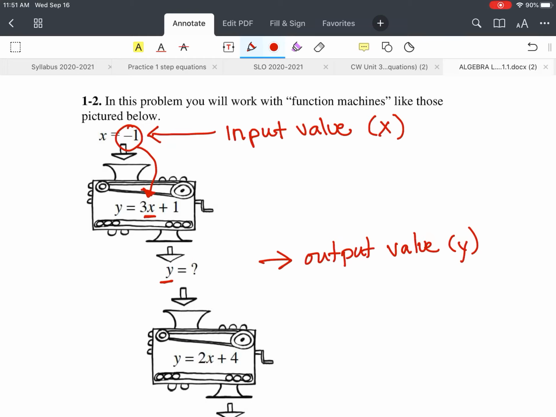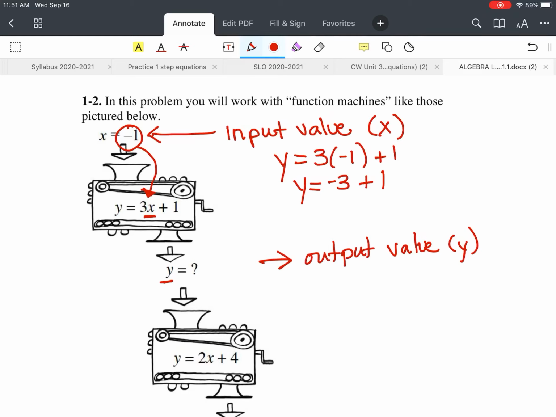So I'm going to write this out for you. Y equals 3 times -1, that's my input value. Notice I didn't use a multiplication sign, I used parentheses, plus 1. We're going to show the work. Y equals 3 times -1 is -3 plus 1.